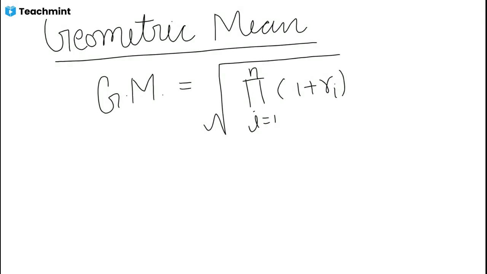This is not a square root. We are taking the nth root, because with a square root we have only two terms. Here we have n terms, so that is why we find the nth root.